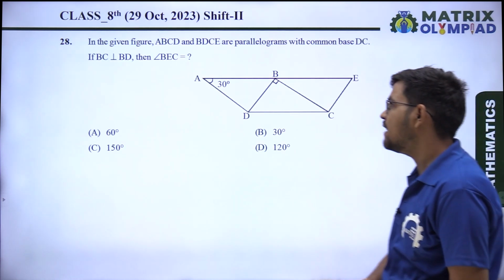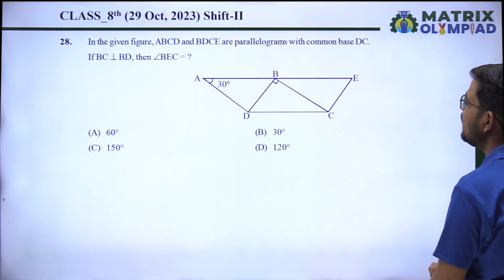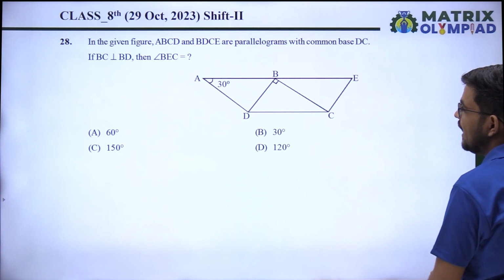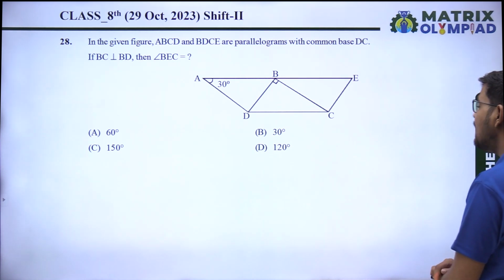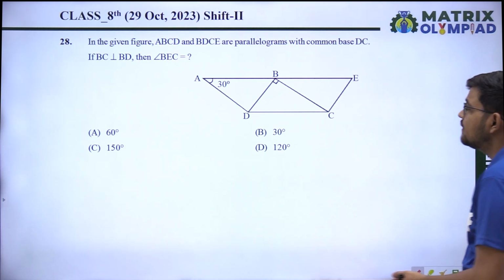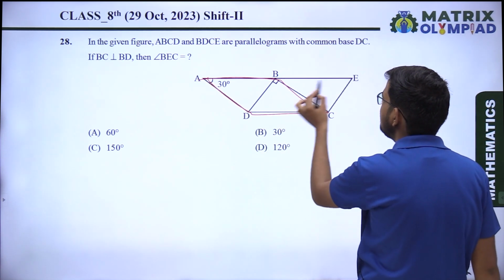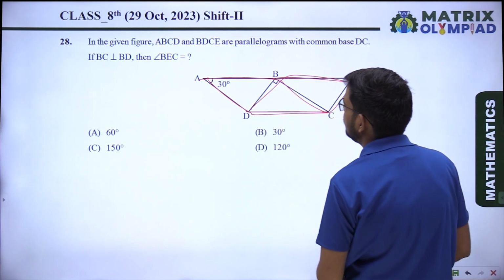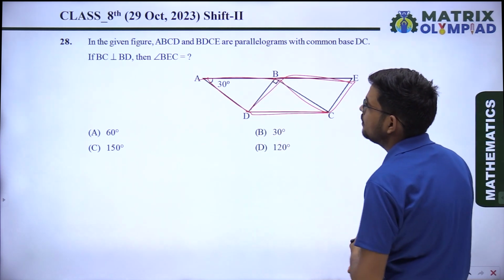Next question 28. In the given figure, ABCD and BDCE are parallelograms with common base DC. If BC is perpendicular to BD, then find angle BEC. It is saying that ABCD is a parallelogram, and BDCE is also a parallelogram, and BC is perpendicular to BD.